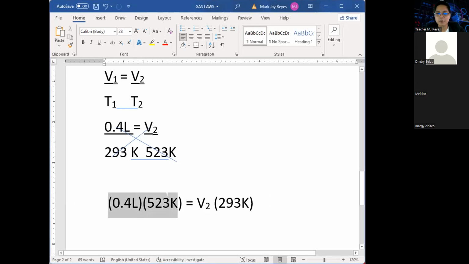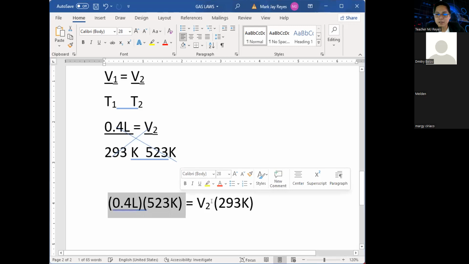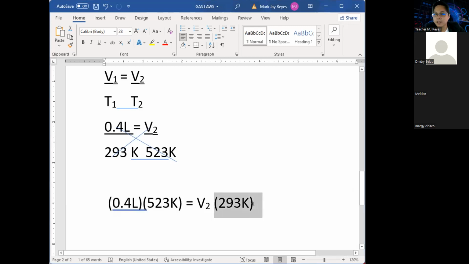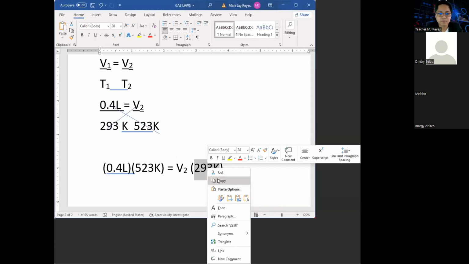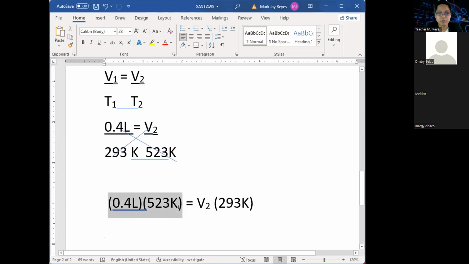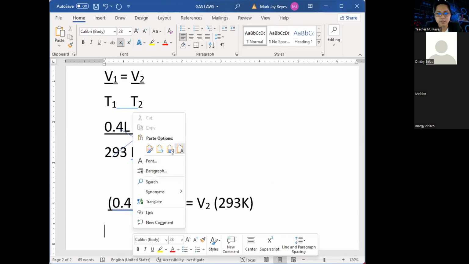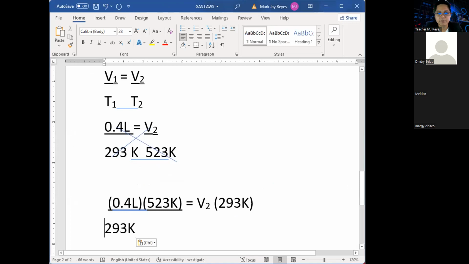In order to cancel this 293, we need to divide it by itself, 293. We cannot combine. We need to divide it by themselves. Divide it by 293.